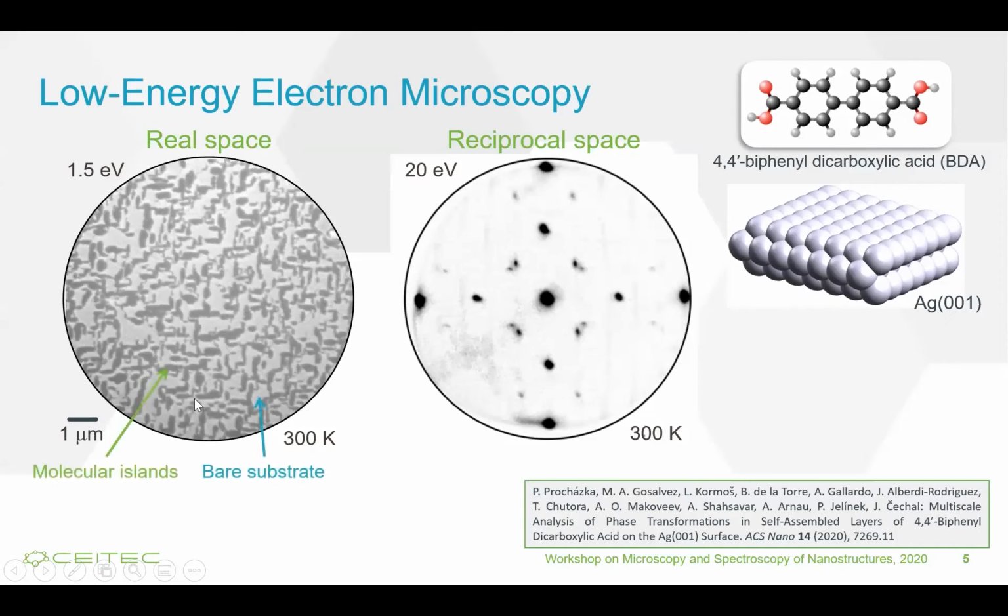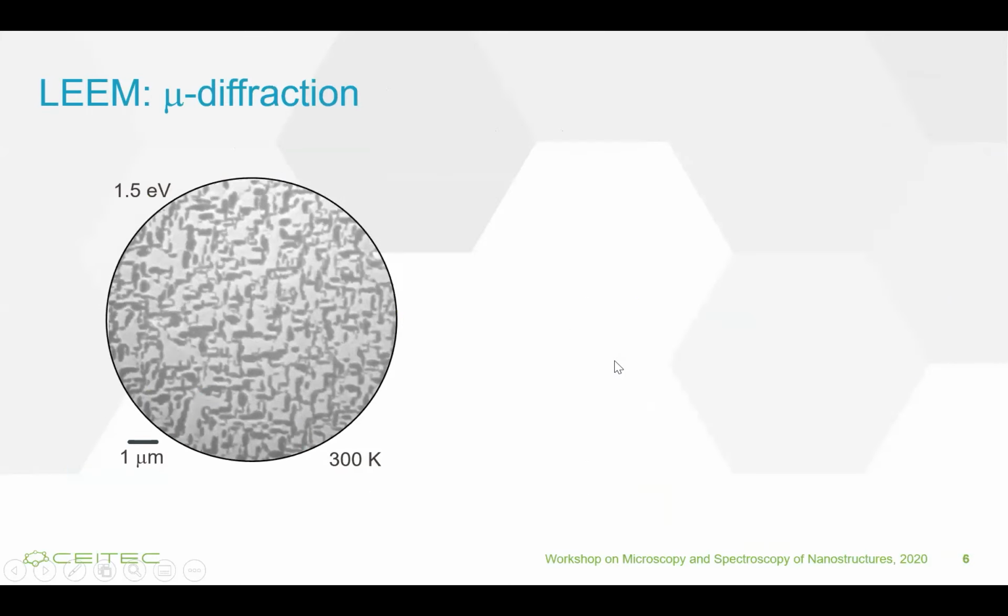There we can see molecular islands, which appear in black, and the bare surface, which is bright. And then we can easily switch to reciprocal space. In reciprocal space, for example, we can identify substrate diffraction spots, and all the other molecular spots appear in addition to the substrate.